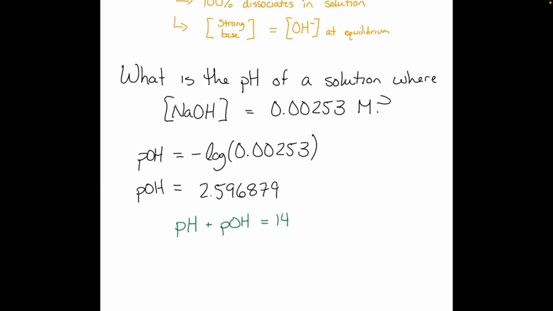So if I rearrange this, I can get my pH equals 14 minus that pOH. Actually, before I move on, I'm going to be good and mark my sig fig here. This has 3 sig figs, so that's going to correspond to 3 decimal places.